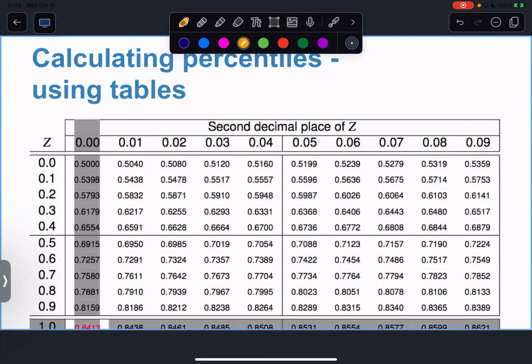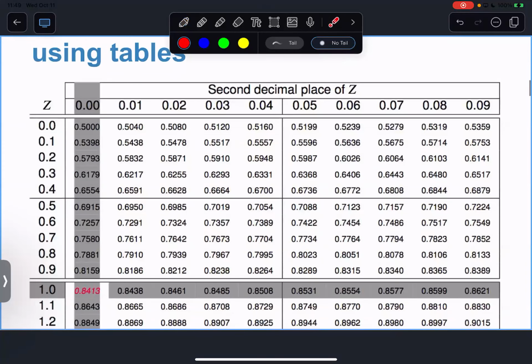with a Z table. So you've got something that looks like this. There's lots of different kinds of layers on the Z table, but we'll be using something that looks like this. First thing you're gonna notice is there's a front page and a back page. Of course, the Z distribution is centered on 0.